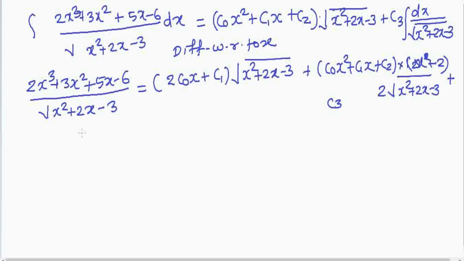Then, in the next step, we have to multiply by the square root of x square plus 2x minus 3.